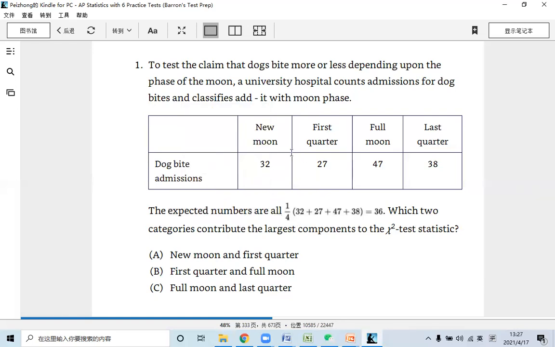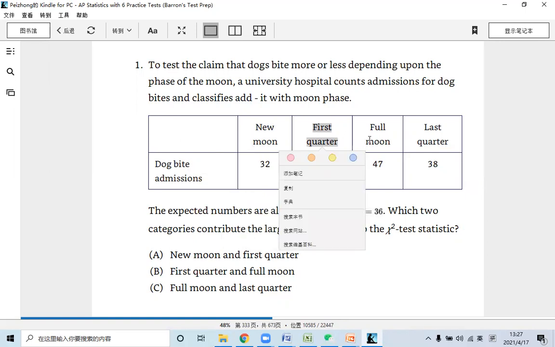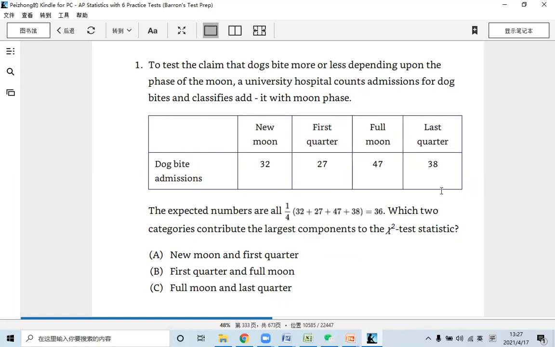Basically, you are dividing the full month into 4 portions. New moon would be 1/4 of the time. First quarter is 1/4. So each period would have 1/4 of the time, the whole moon cycle.